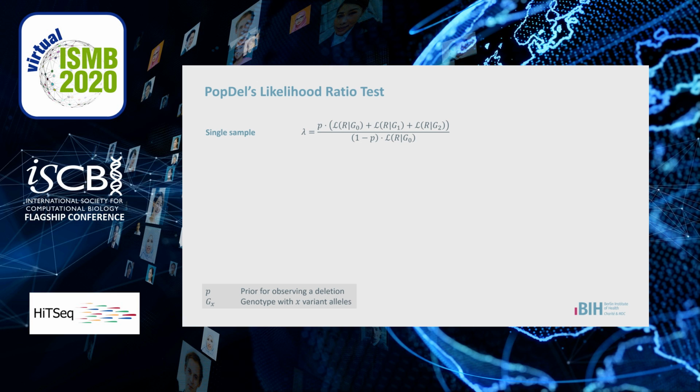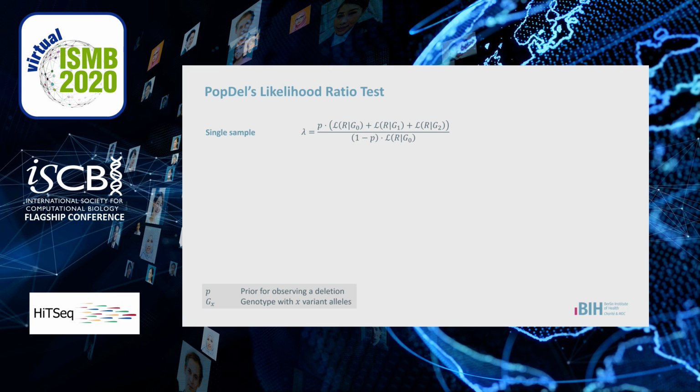The likelihood of the deletion model in this case is calculated by multiplying a prior for the observation of a deletion with the sum of all calculated likelihoods. Similarly, the reference model is calculated by multiplying 1 minus the prior with the previously calculated reference likelihood.